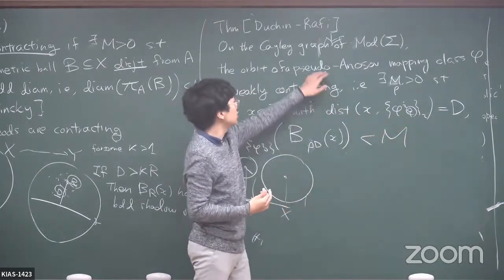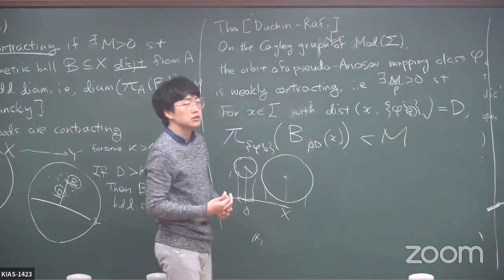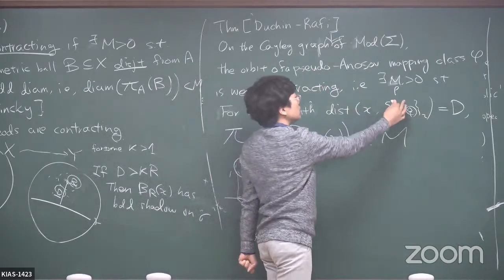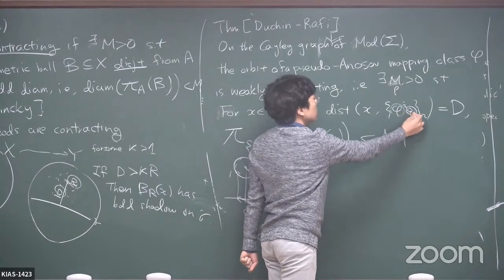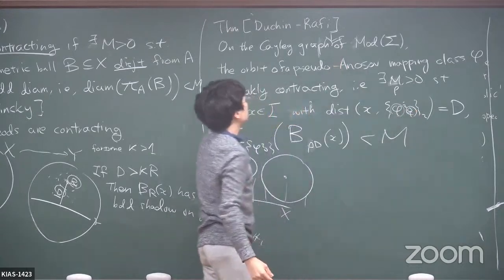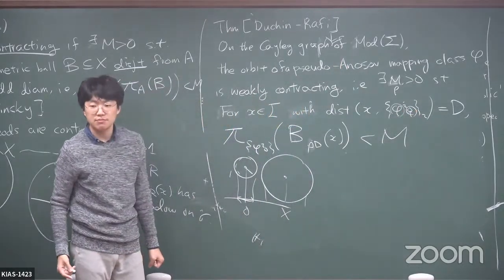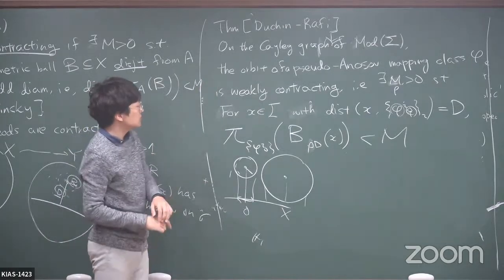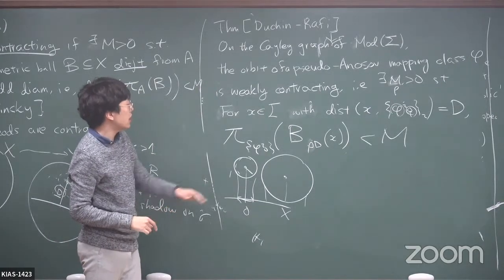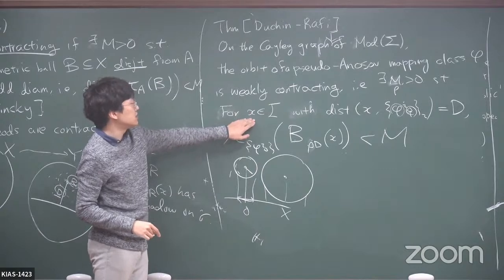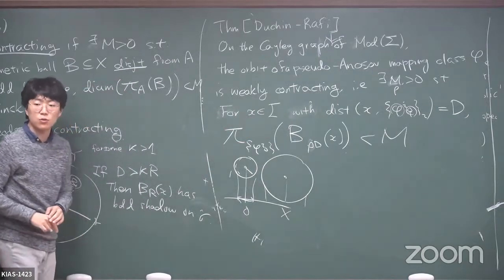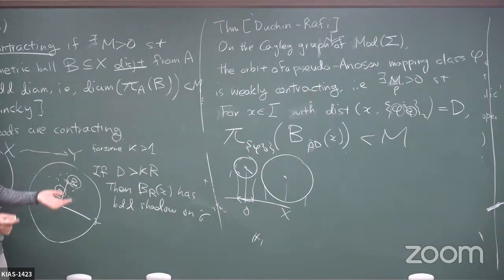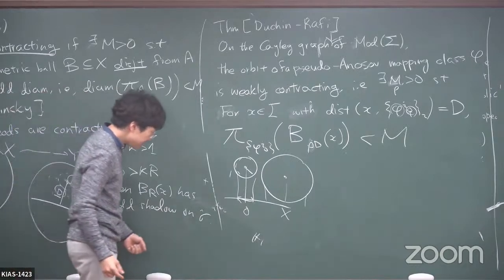It also depends on the pseudo-Anosov phi. So M and rho depend on phi, the orbit, and the generating set defining this Cayley graph. But other than that, it doesn't depend on x. It's uniform for all points in the space.